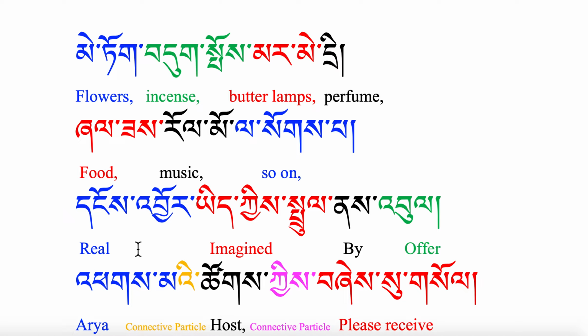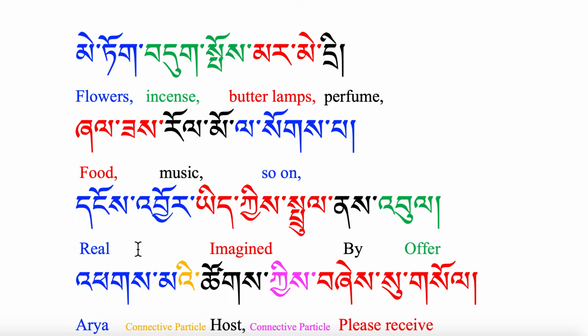Anything that you have, your own, and then you try to offer, like a flower, incense, butter lamps. These are things you can afford by yourself, and you offer a flower to Tara, and you offer incense to Tara, or offer a lamp to Tara.